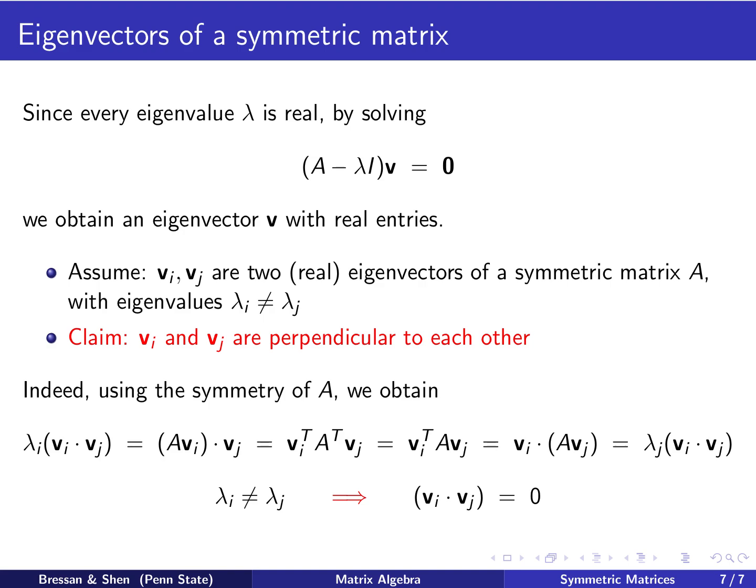So basically we need to show that the inner product of these two vectors is 0, right? So let's do this computation. We compute lambda i times Vi dot Vj. And here we use the dot to denote the inner product.